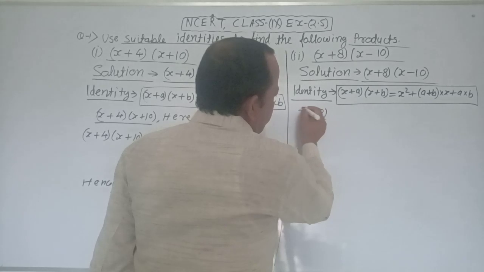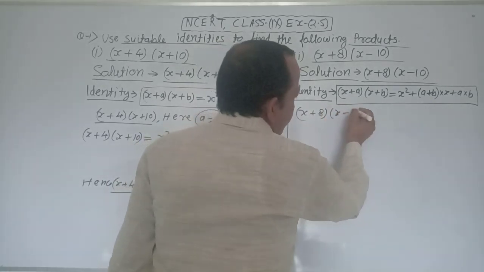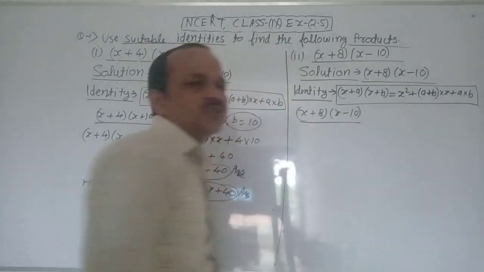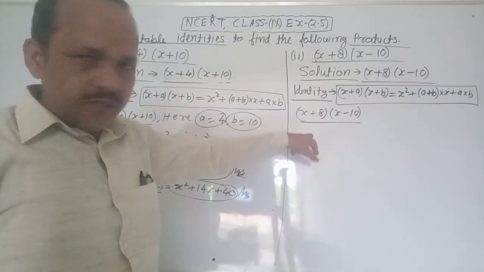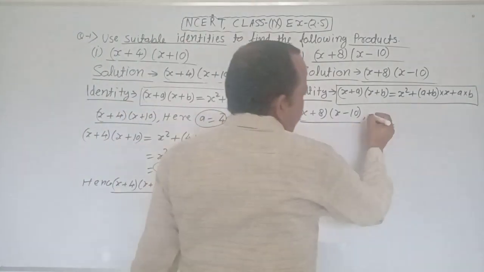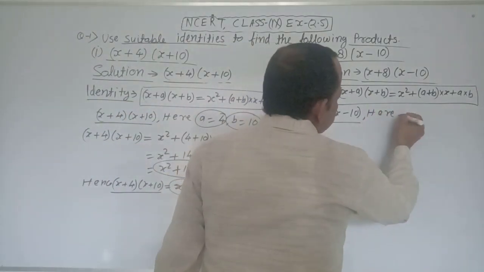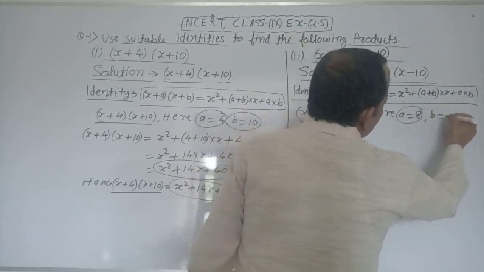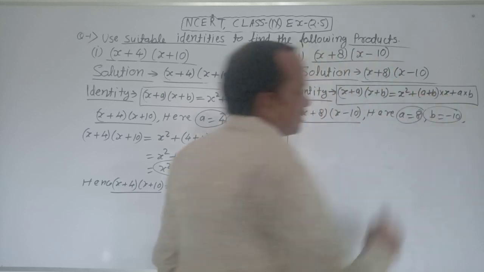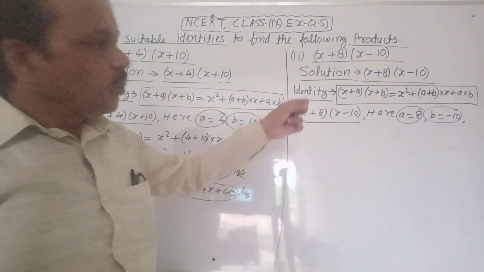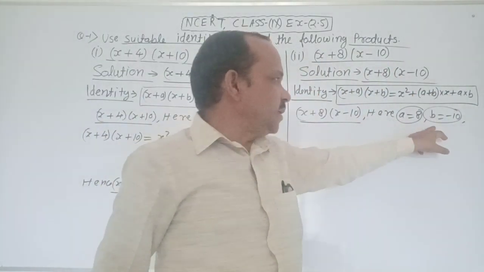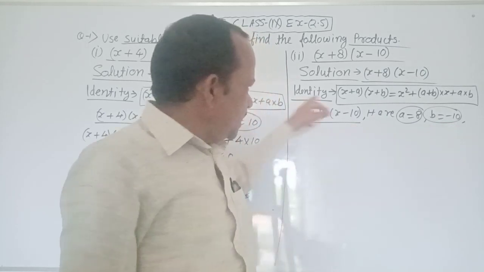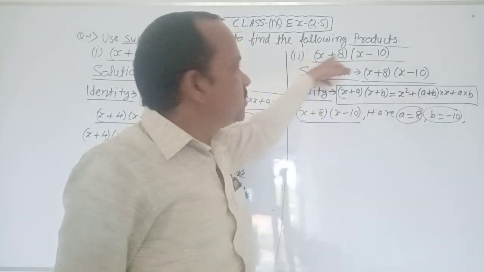(x + 8)(x − 10) is your question. Here a = 8, b = −10. You can put a = 8 and b = −10 in this identity for this question.